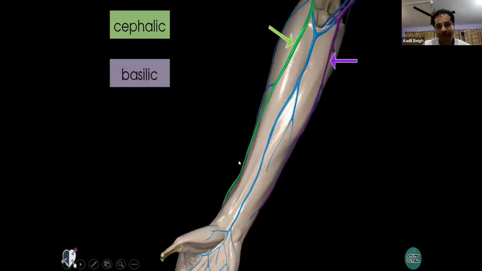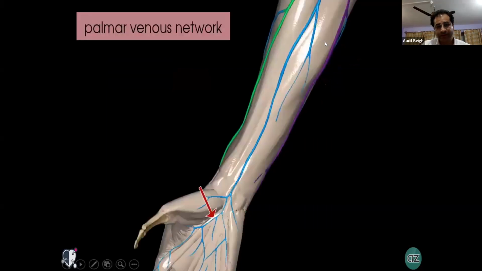So this is the picture. It's the antecubital vein which joins the median cubital vein at the cubital fossa. This is the cephalic vein, which also joins the median cubital vein, and the basilic vein, which also joins the median cubital veins.